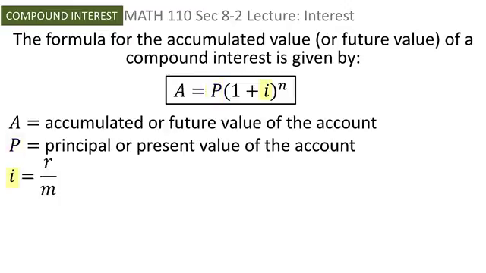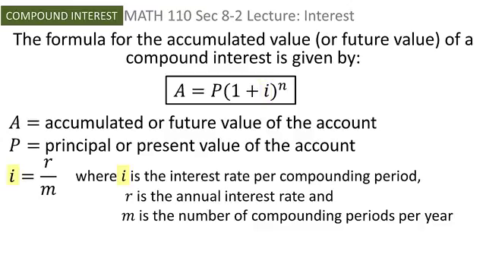Now here's where you get a little bit different. We introduce a little i, and little i is little r over little m. Little r is the same thing that it was before, namely the annual interest rate. And little m is that quantity we talked about earlier, the number of compounding periods per year.